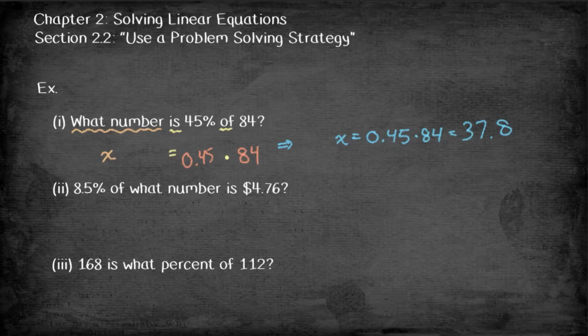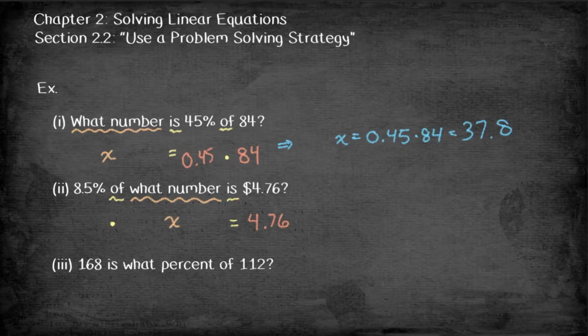All right, next example. The what number part is in a different spot, but we want to take note that we're keeping the same overall structure. So is 476 means that 476 is going to be on the other side of the equals, and 8.5% of what number means I'm multiplying 8.5% by x.